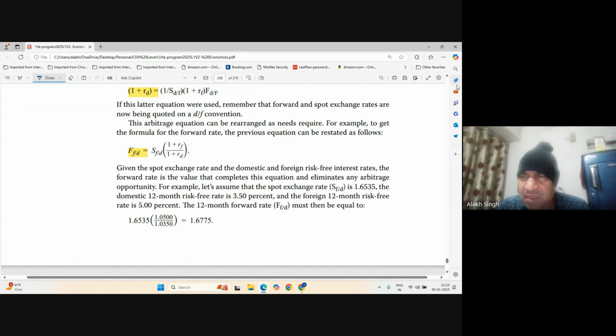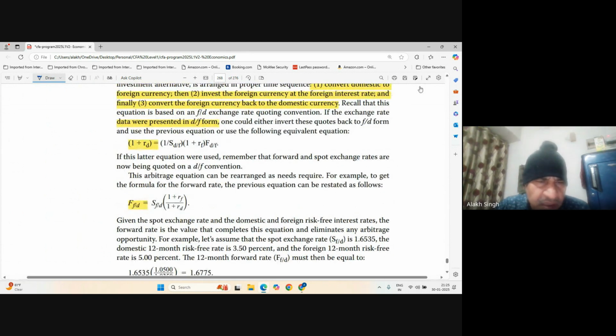Whenever we calculate the forward rate, there are two rates, the domestic rate and the foreign rate.